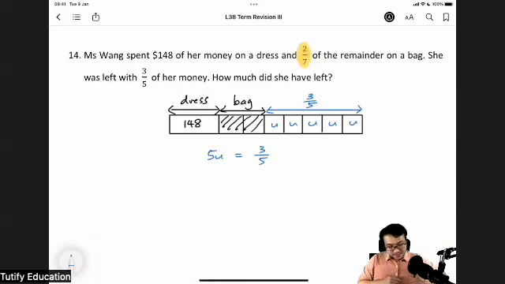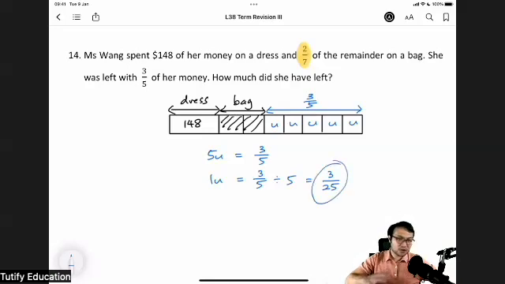Okay? So 1 unit will represent what fraction of the original money? What workings must I do? Divide by 5. Yes. Okay, you divide this by 5, you'll get 3 out of 25. Okay, so now I know that 1 unit represents 3 out of 25 of the entire amount of money.